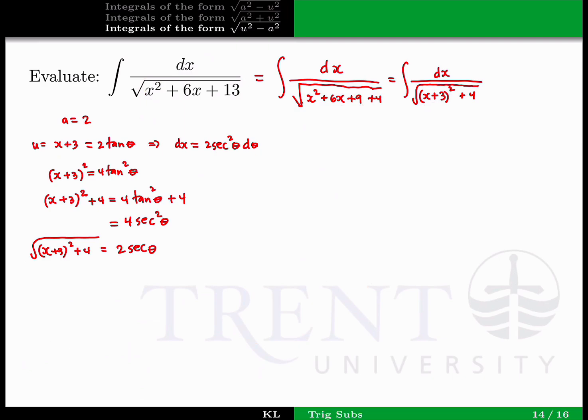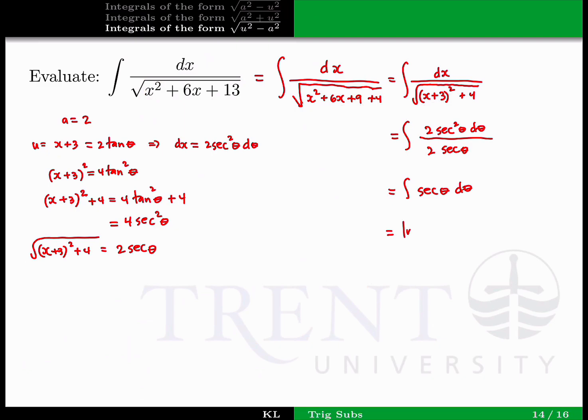Therefore, this integral now becomes the dx, it's 2 secant squared theta d theta. On the denominator, we just have 2 secant theta. Okay, this simplifies to integral of secant theta d theta.